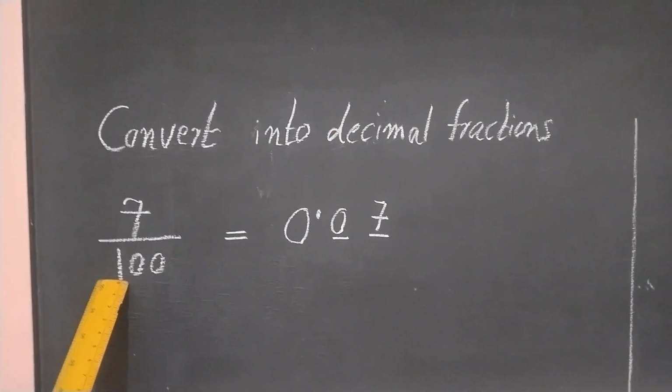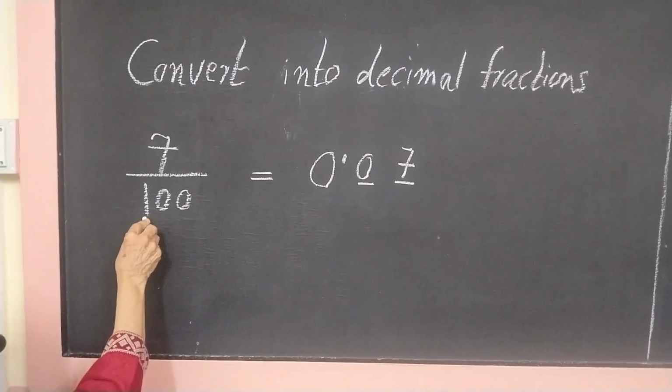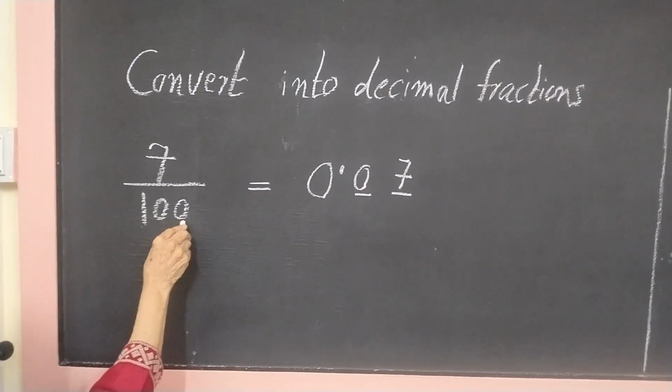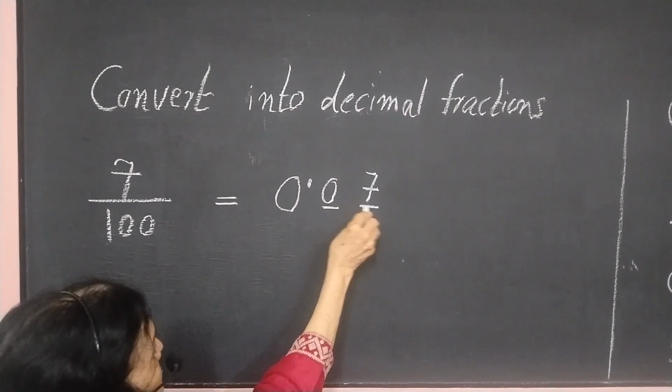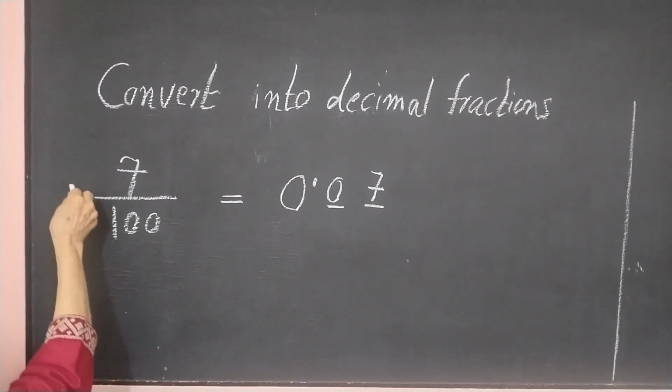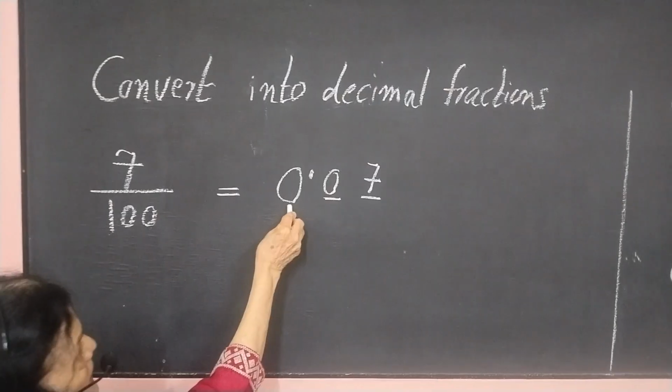So how did we proceed? We first of all said that on 1 there are 2 zeros. So we have to write 2 gaps, and since there is no integer here, we are going to write 0.